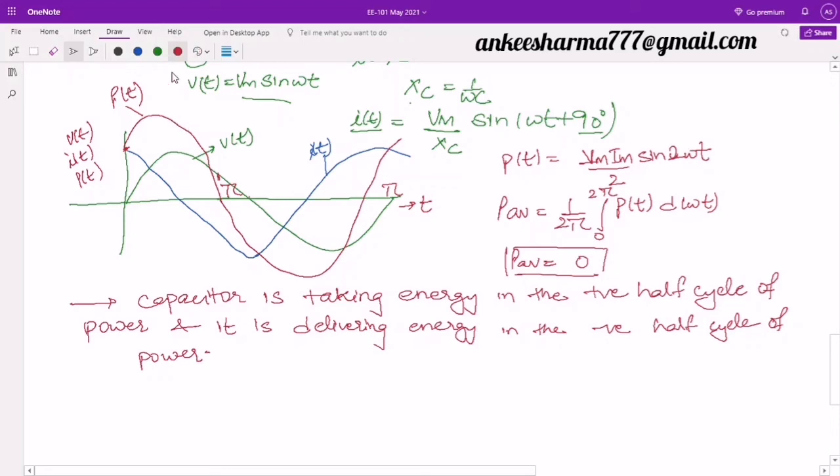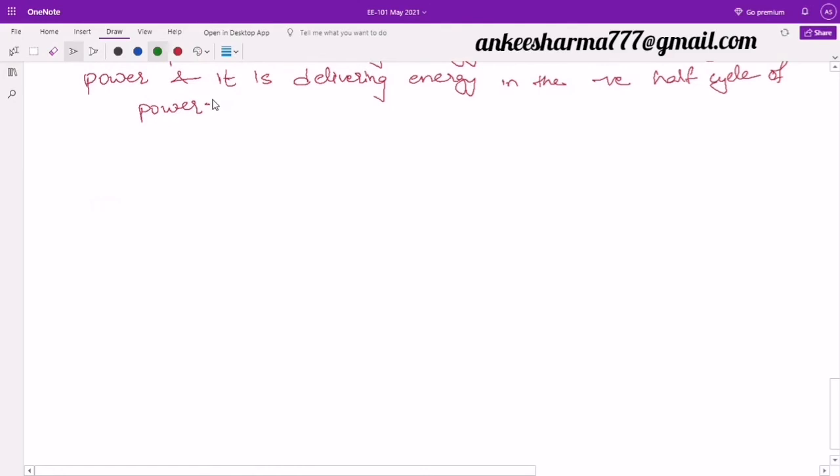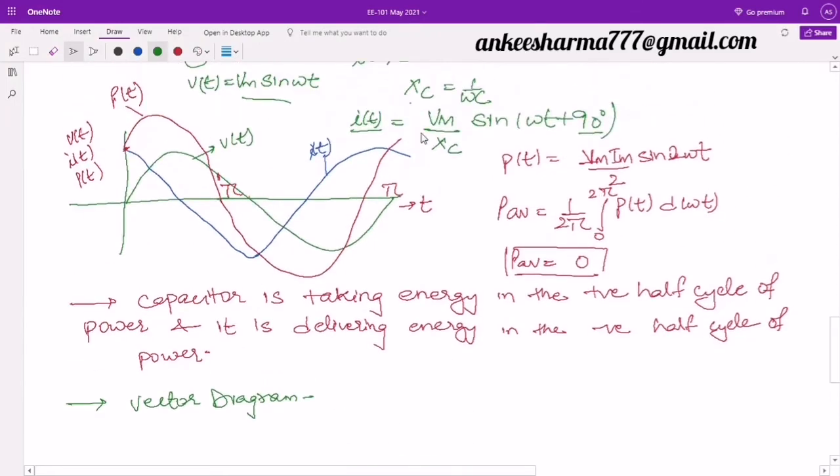Now if I look at the vector diagrams of these, now the vector diagram, here it will be easy because we always take voltage on the x-axis. So this is voltage, this is my reference signal V, and I came to know from my equation that current is leading the voltage by 90 degrees.